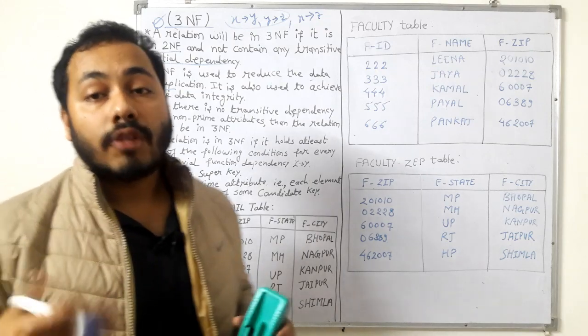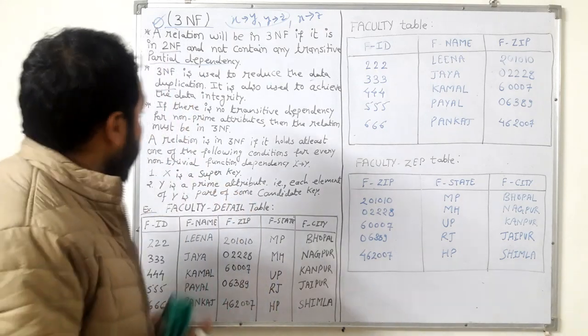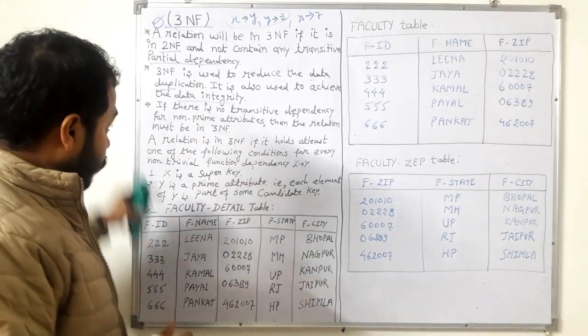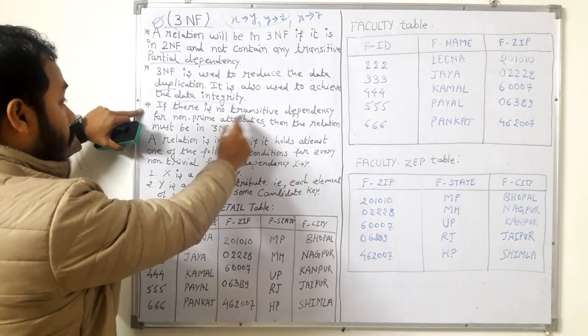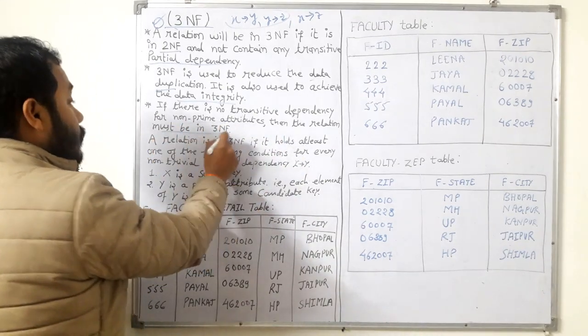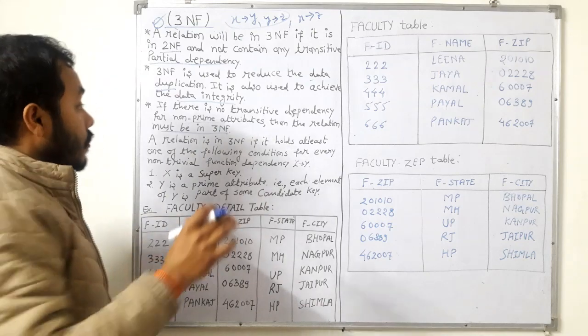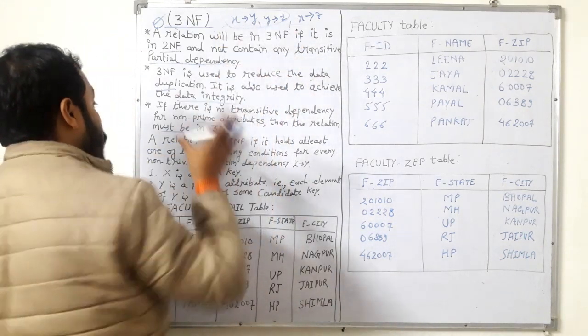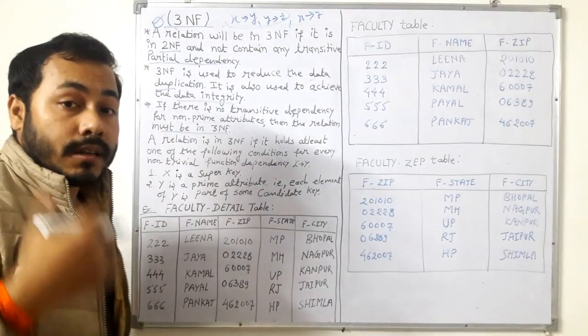That's why we need normalization. Okay, and data integrity is also a very important fact. Then if there is no transitive dependency for non-prime attributes, the relation will be in third normal form. So this is the case of transitivity. If this is not present, of course the relation will be in third normal form.